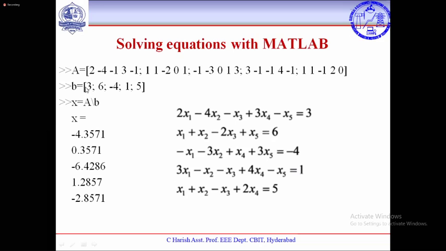So we are going to use A backslash B instead of inv of A into B. The computation time will be less, and we generally follow this rather than B by A. We follow A backslash B so that it follows the Gaussian method of solving the expression. This is one type of solving the expression.